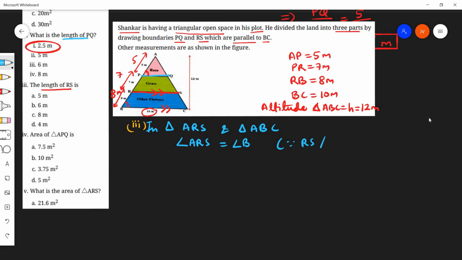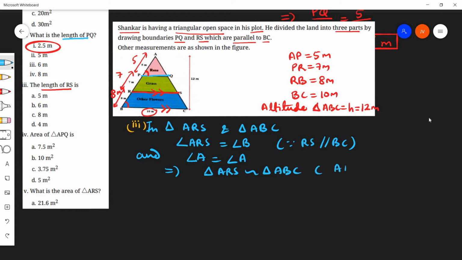Because RS is parallel to BC and these angles are corresponding angles. Corresponding angles are equal if lines are parallel. And angle A is equal to angle A. This is common angle. This implies that triangle ARS is similar to triangle ABC.